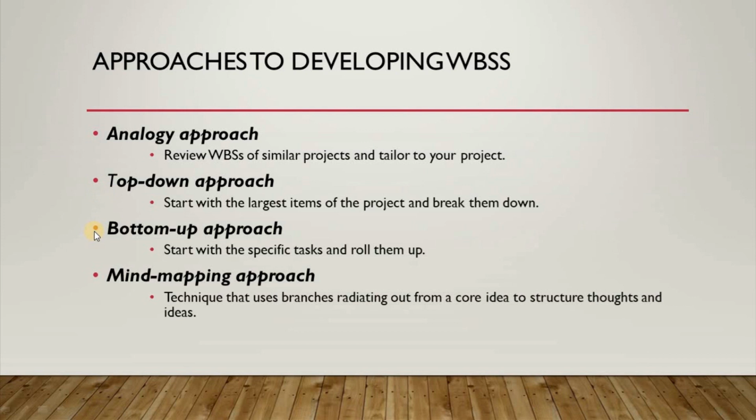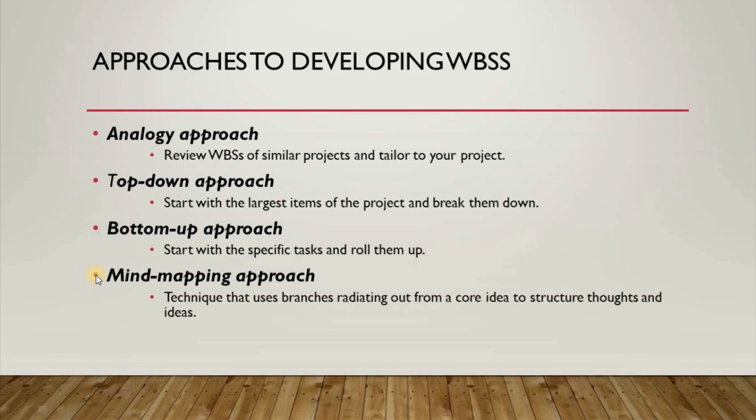Bottom-up approach. Start with a specific task and roll them up. This is very straightforward. Pick the specific task that can be easily done and complete it. Bottom-up method is ideal for brainstorming a solution to a problem. Mind mapping approach. This is a technique that uses branches radiating out from a core idea to structure thoughts and ideas.